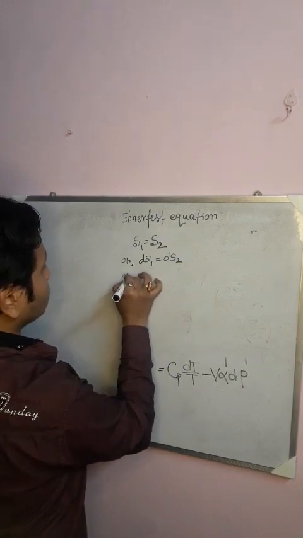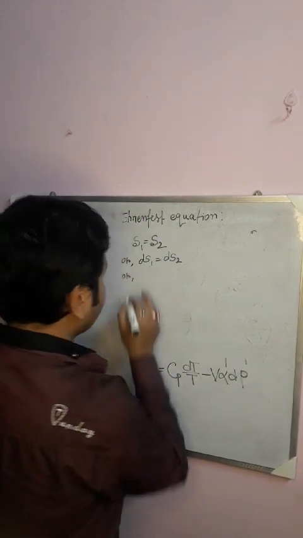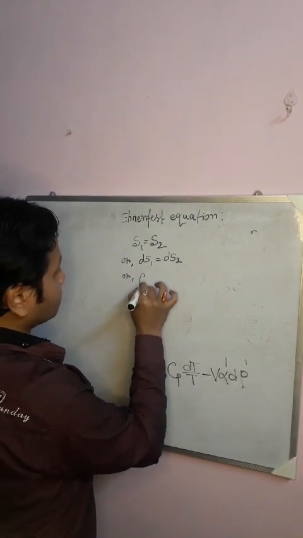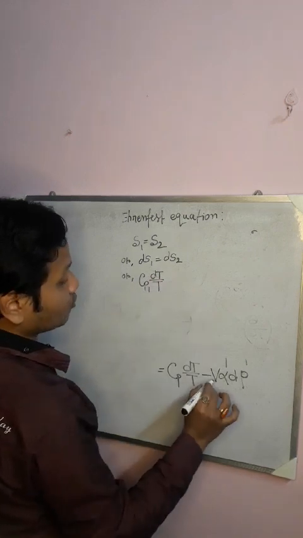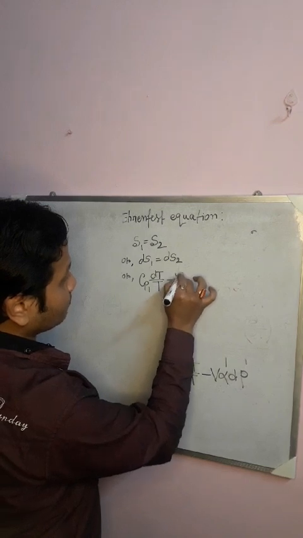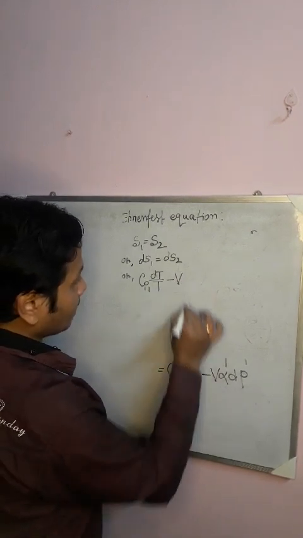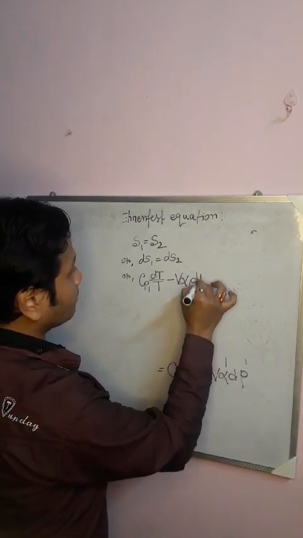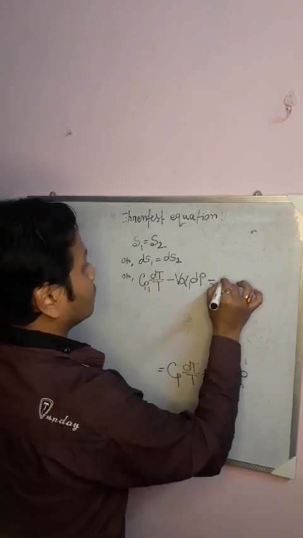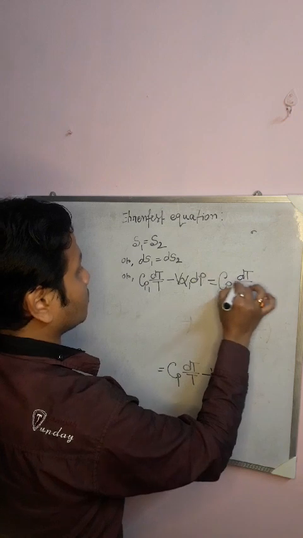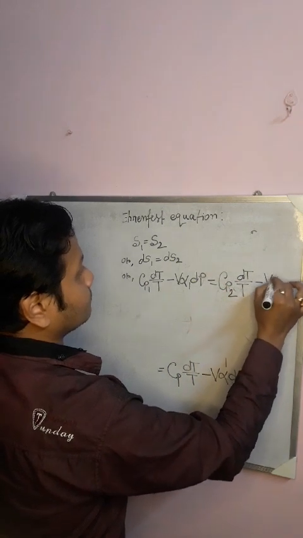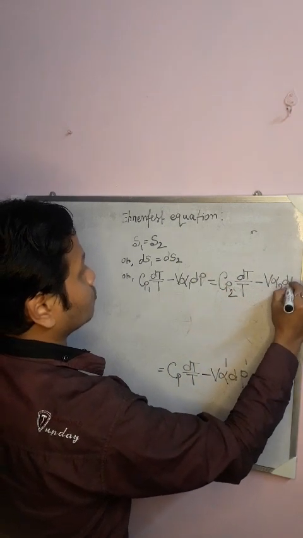So substitute this value. In case of the first phase Cp becomes Cp1 and this is simply dT by T, and since volume remains constant it remains V, alpha becomes alpha 1. And for the second phase it becomes Cp2 dT by T minus V alpha 2 dP.